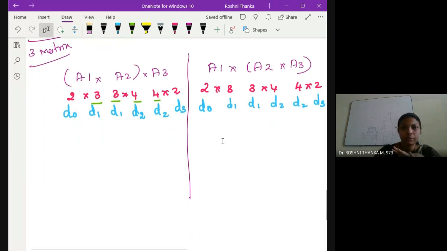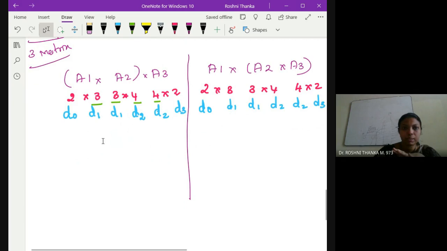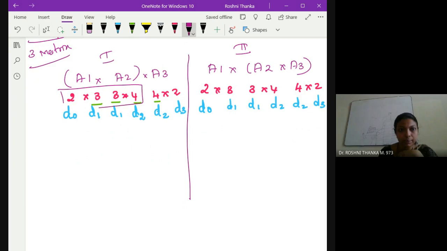Now let us see the next step. First let us multiply this side. First we'll do this part, then we'll do the second part. When I multiply these two, first I have to multiply this, and that result I have to multiply with this part. How will I multiply this?